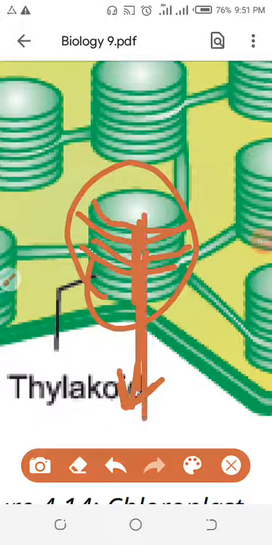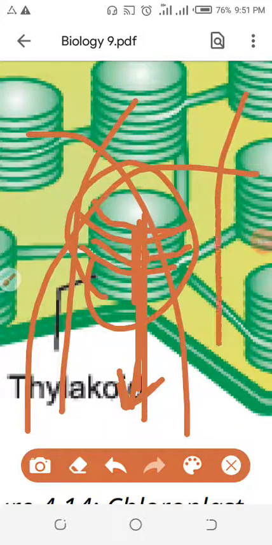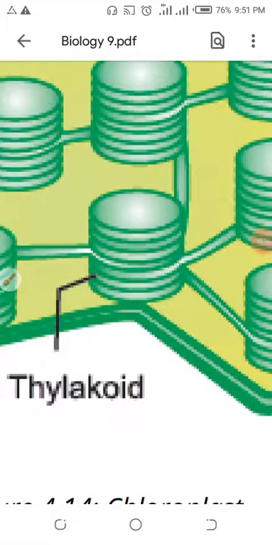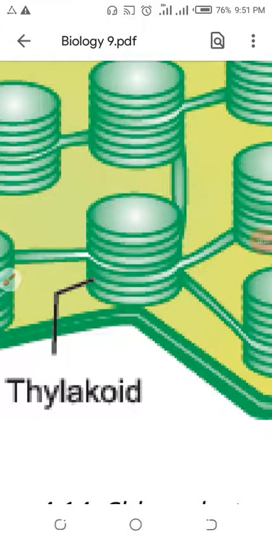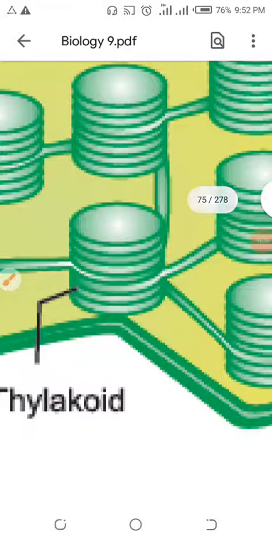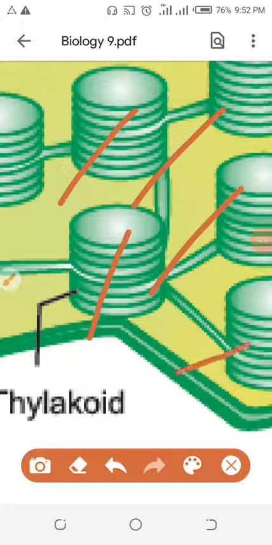This is one granum, this is another granum, and another. So a granum is a collection of thylakoid membranes. Just like mitochondria is plural and mitochondrion singular, all these together are called grana.